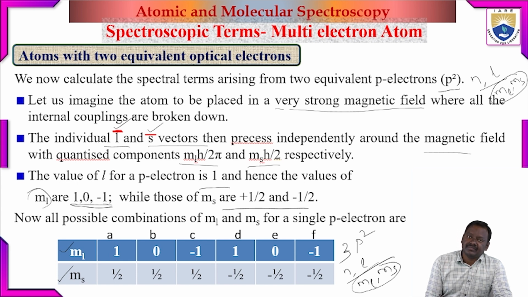If one electron has these values, the other electron should have either 0, 1 by 2; minus 1, 1 by 2; 1, minus 1 by 2; 0, minus 1 by 2; or minus 1, minus 1 by 2.